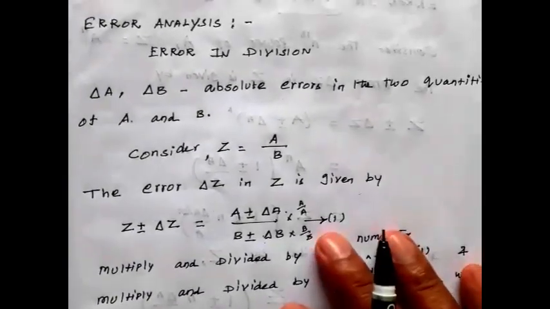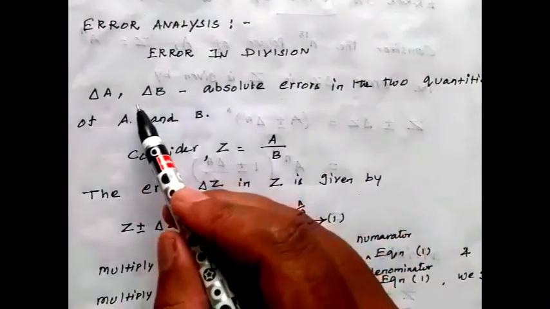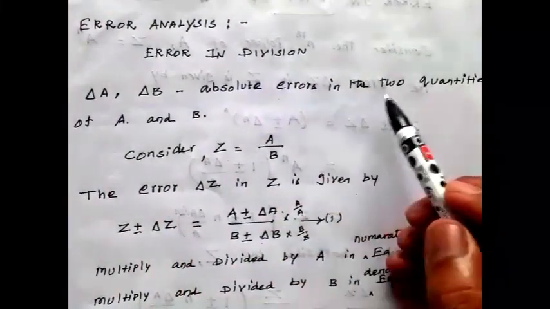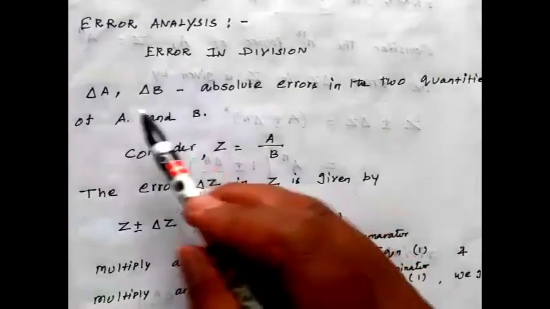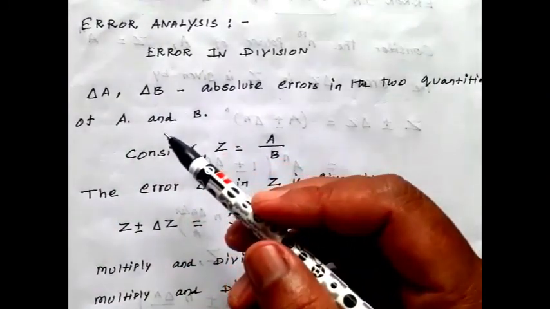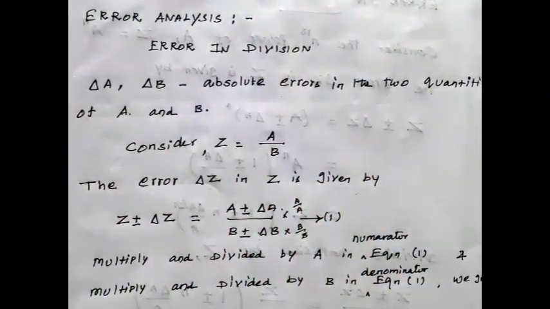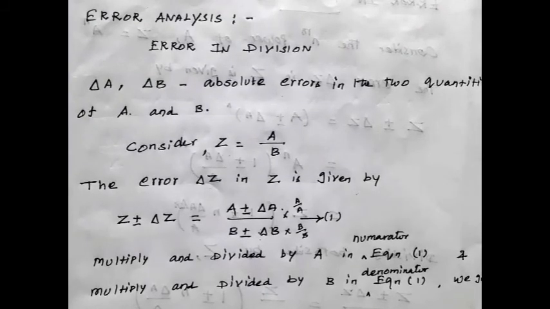Okay, once again we see the error in division. Just to revise that, here del A and del B are called absolute errors in the two quantities A and B. Just recall what is absolute error. Already you studied your propagation of error topic.